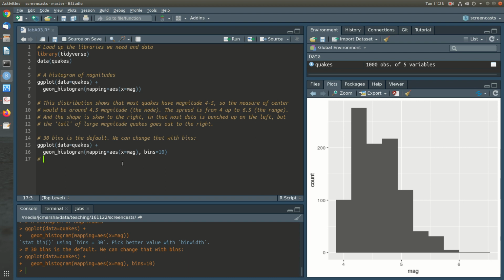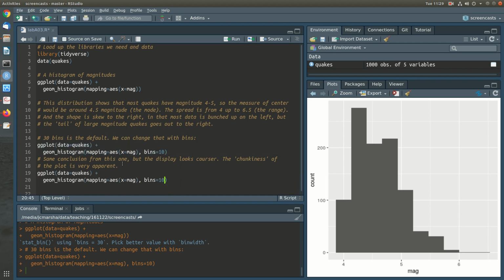So same conclusion from this plot, but the display looks coarser. The chunkiness of the plot is very apparent. Right, it's basically less smooth.